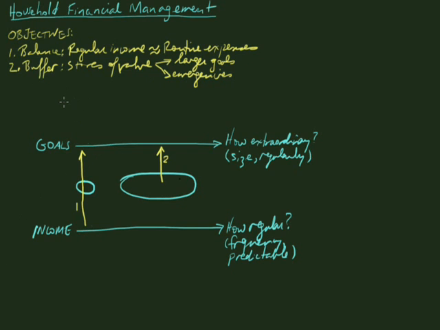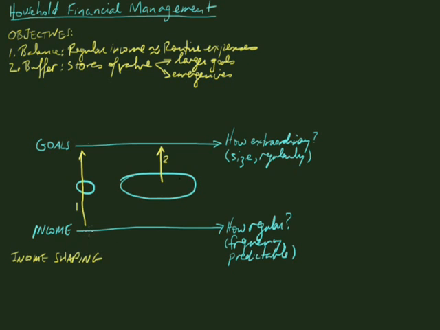In order to achieve these two goals, to achieve balance on regular income and expenditures, and to build up value to achieve larger aspirations and emergencies, households follow a bunch of common strategies. One set of strategies we can call income shaping.